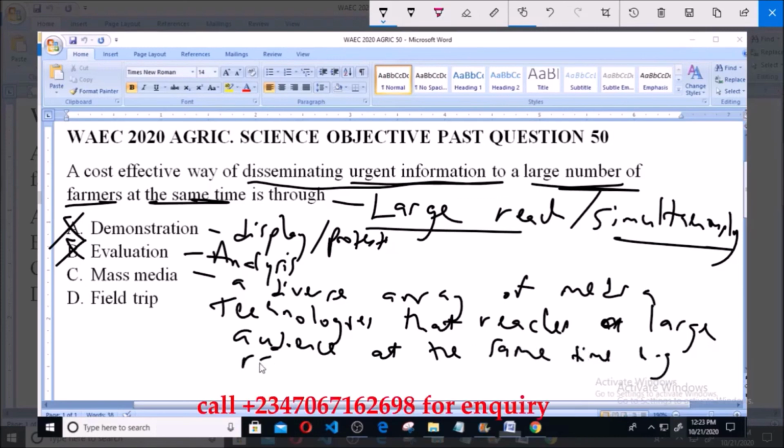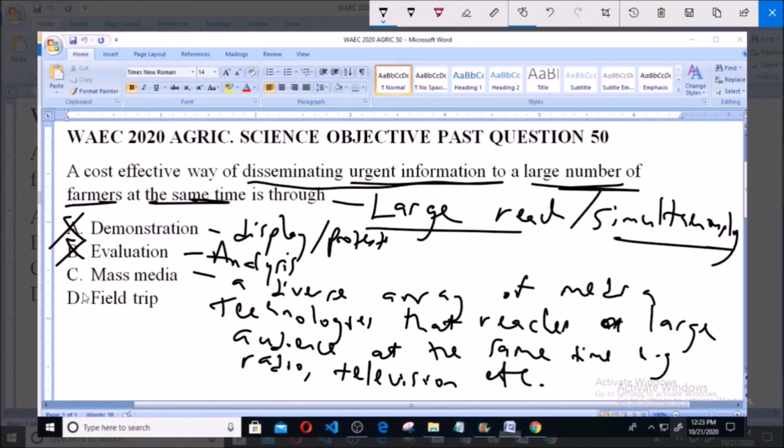Examples are the radio, the television, etc. So as you can see, it reaches a large number of people at the same time. So it can be used to disseminate urgent information to farmers at the same time. So option C, mass media, is the answer to this question.